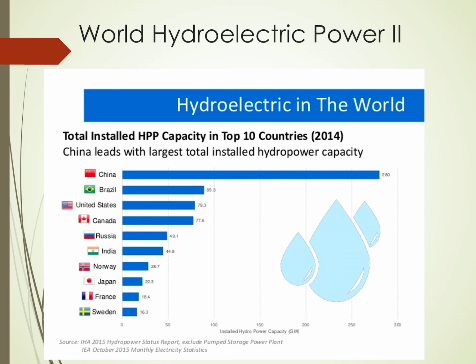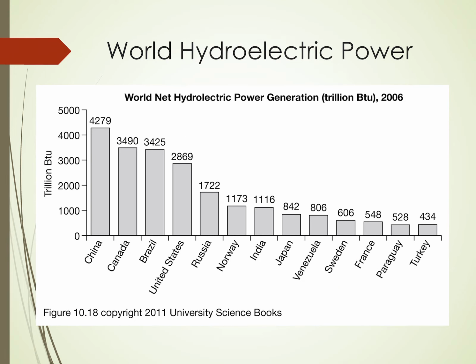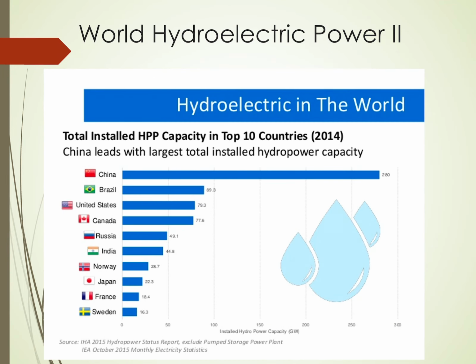So this is kind of like the capacity. This over here is net power generation. So basically potential capacity implies your potential to generate hydroelectric. And you see that China now dwarfs the other countries.